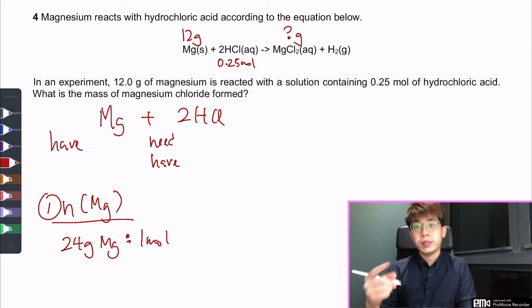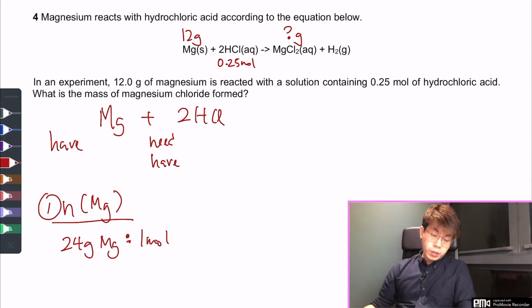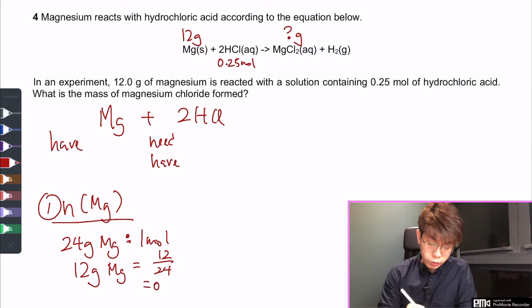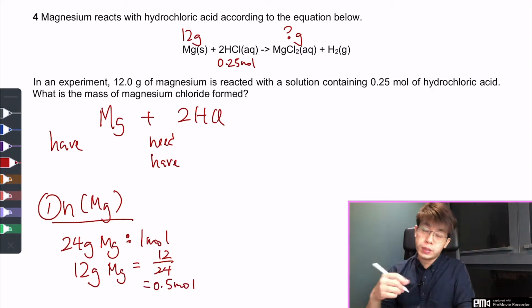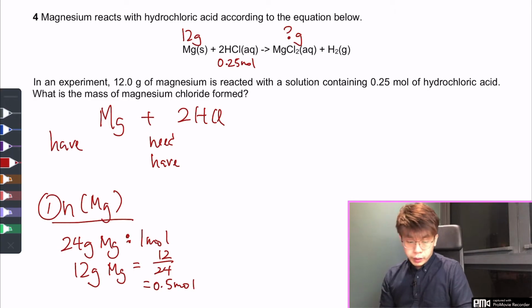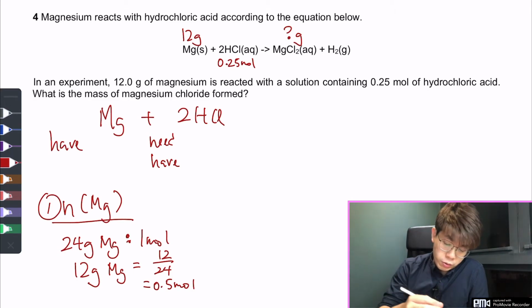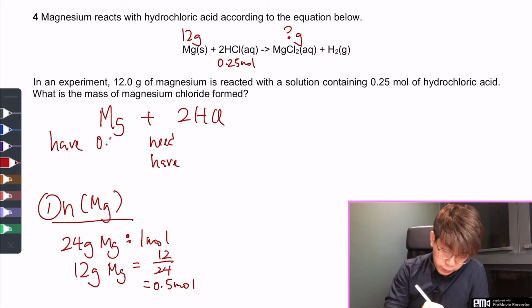How do I know that? That's the molar mass of Mg. So 24 grams of Mg is 1 mole, and I'm given 12 grams of Mg. So 12 grams of Mg is 12 divided by 24, 0.5 moles. I hope this is something that you all can do. So I have 0.5 moles of Mg.